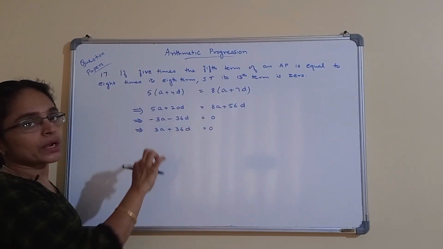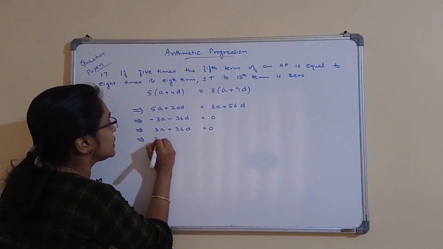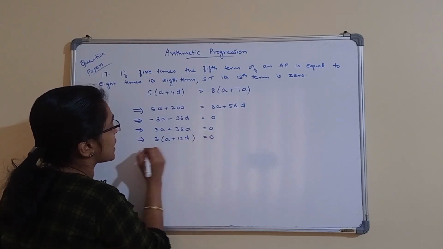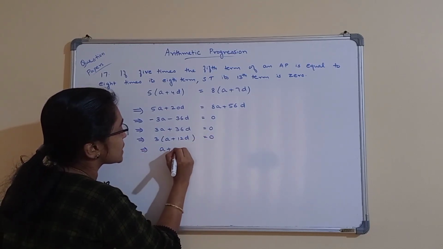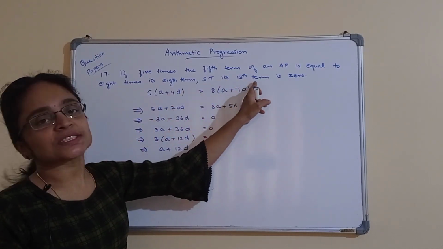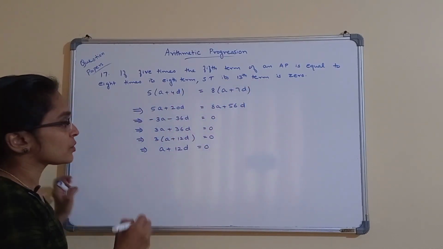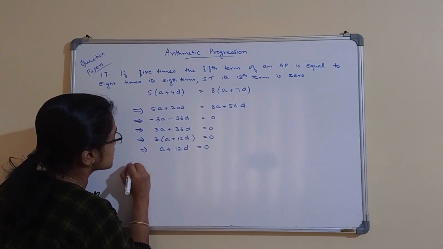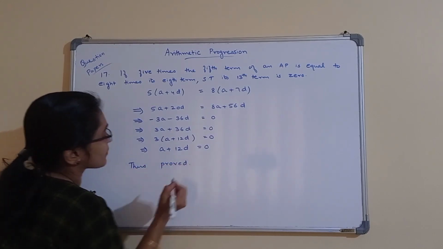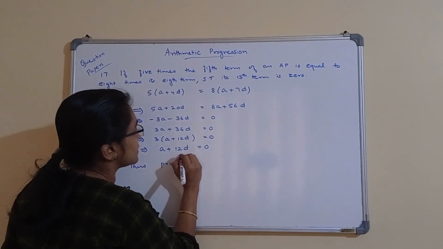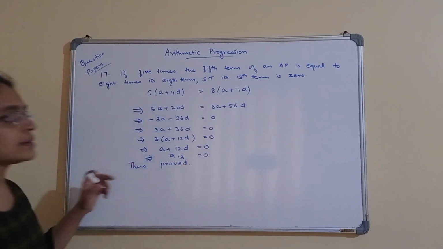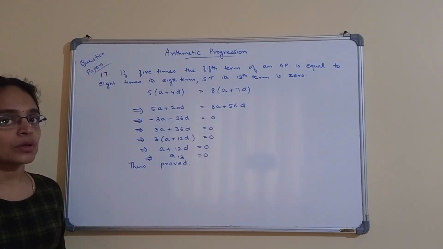Dividing by minus 1, which means 3 into (a plus 12d) equal to 0. And this implies a plus 12d equal to 0. And this shows that the 13th term is 0. So, thus proved. Or we can write here, implies a13 equal to 0. That is, the 13th term is 0. Okay.